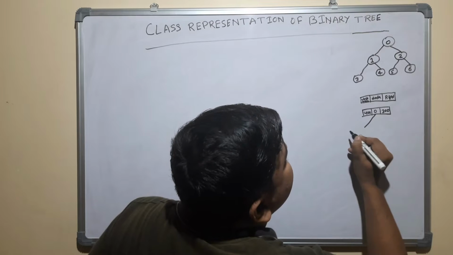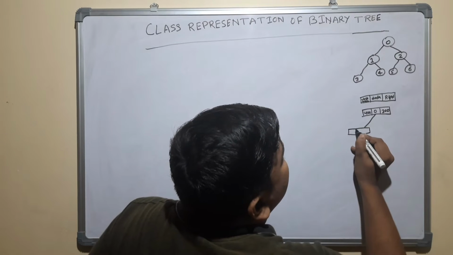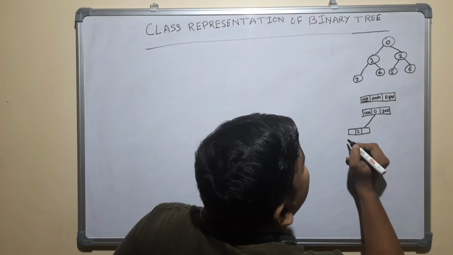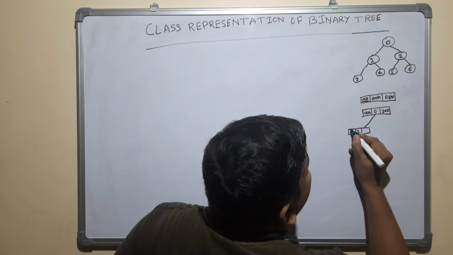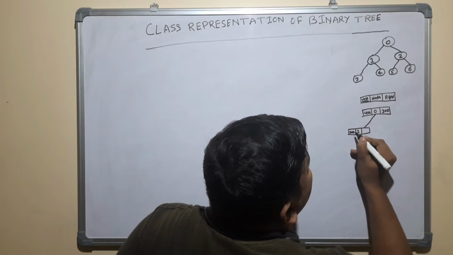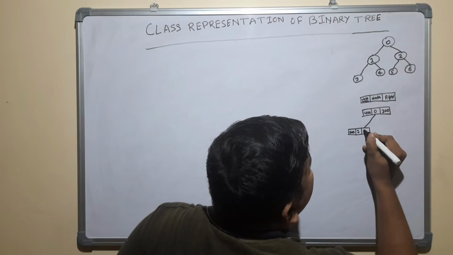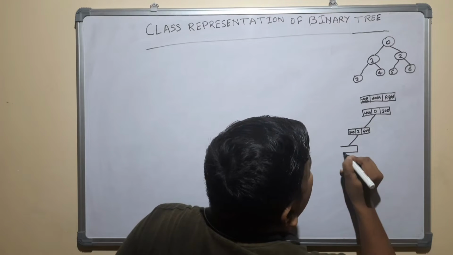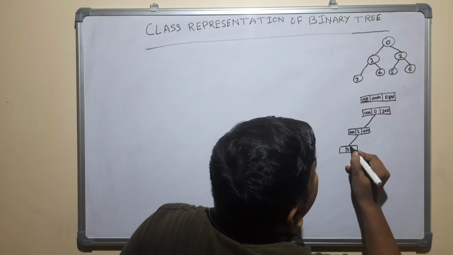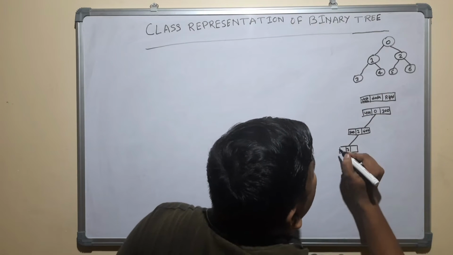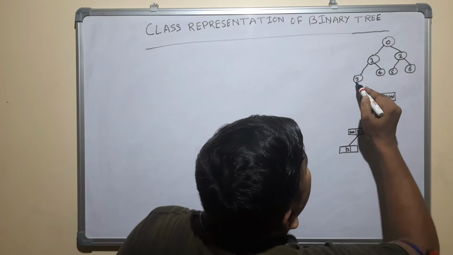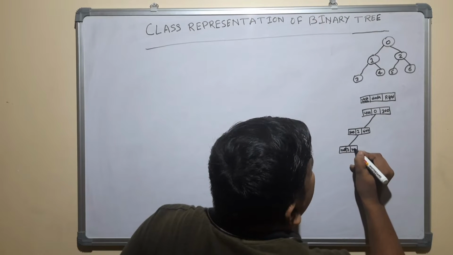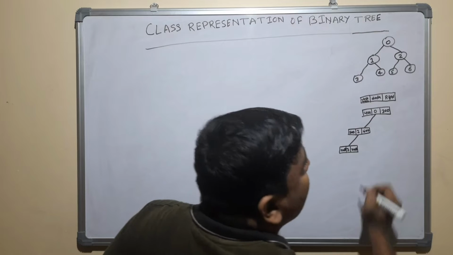Now here data is 1, and suppose the left node exists in memory at 500 and the right node exists at 600. Then the left node is 3, and suppose here the left and right child are not available, so the addresses are null. It means it's a leaf node.